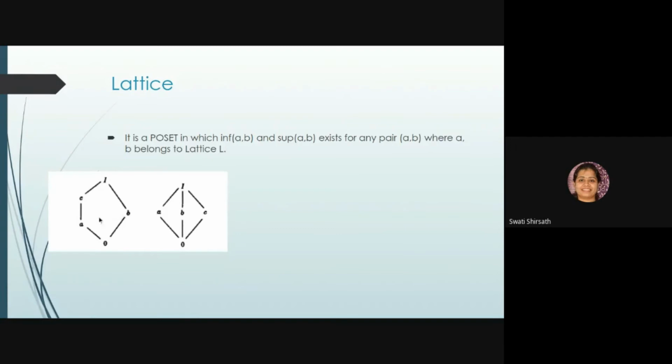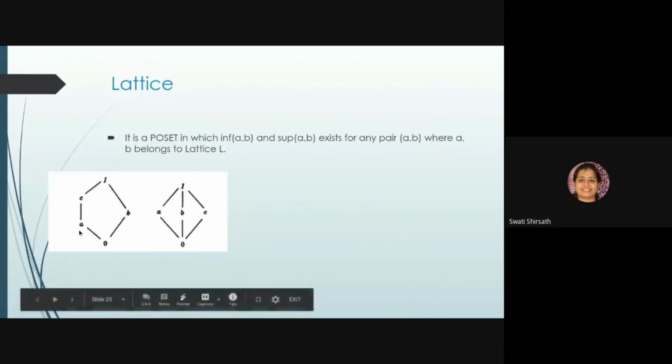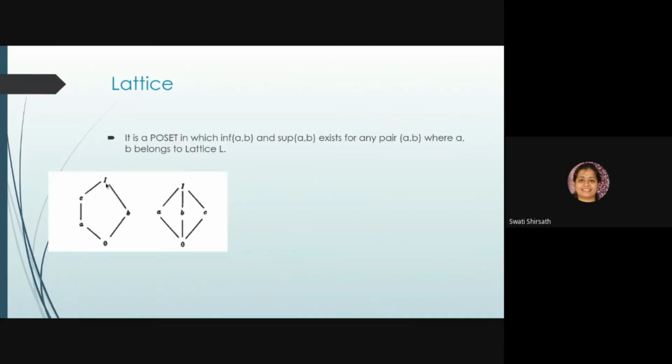Okay, where they are getting joined in upward direction. So we look for least upper bound. So we will look in the upward direction and we'll see where they are meeting. So here they are getting joined at L. Okay. So what I will say, GLB of this A comma B is L.